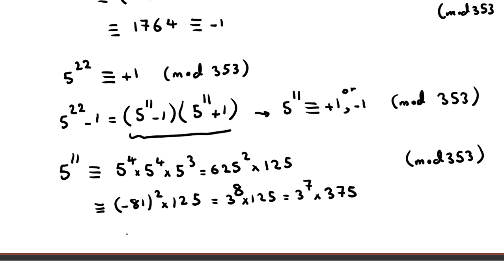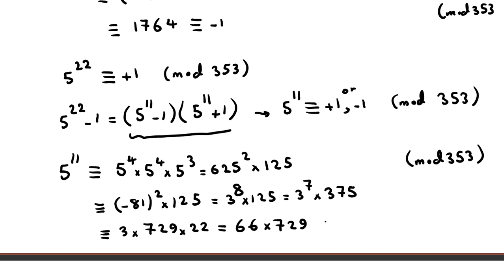And we can say it is congruent to what? 3 to the power of 6 is 729. 375, if you subtract 353 from that, it will be 22, so it will be 3 times 22 times 729.